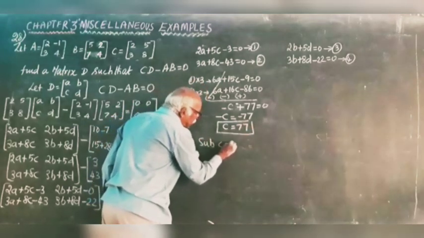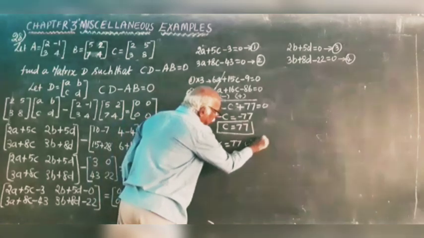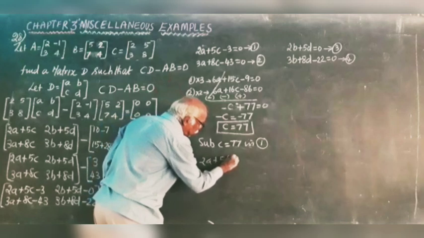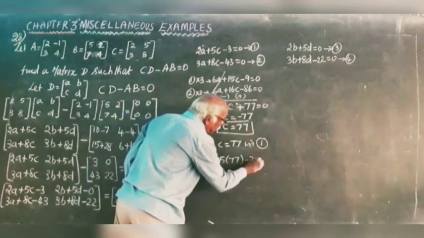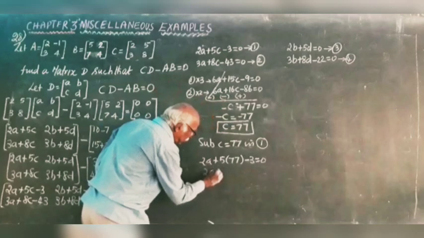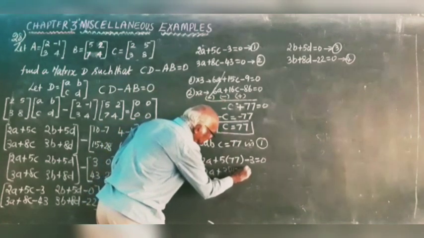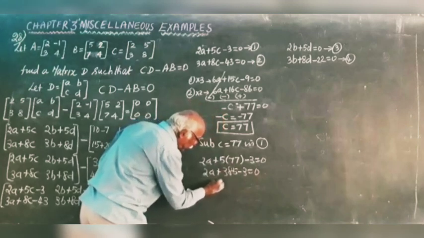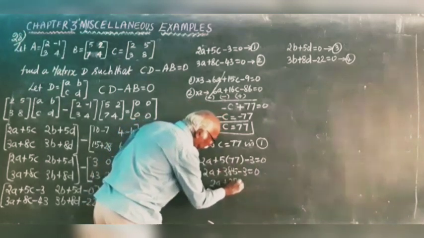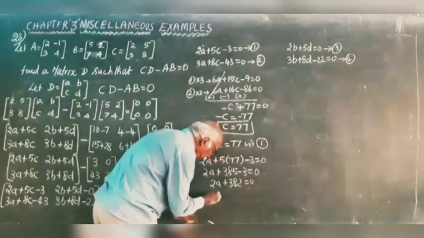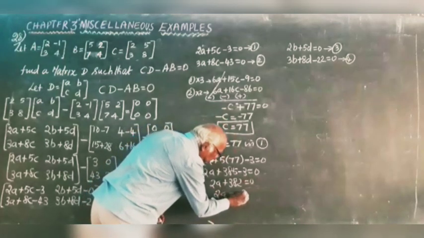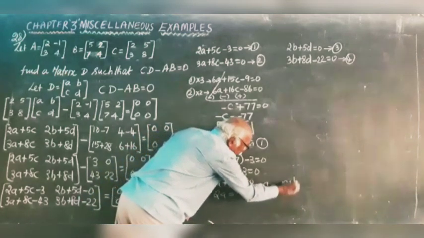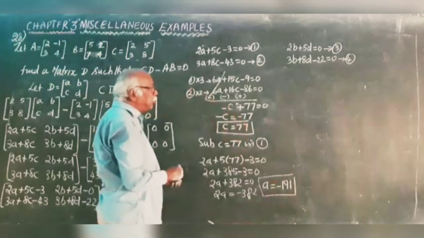Substitute c equal to 77 in 1. 2a plus 5 into 77 minus 3 equal to 0. 2a plus 385 minus 3 equal to 0. 2a plus 382 equal to 0. 2a equal to minus 382. A equal to minus 191.